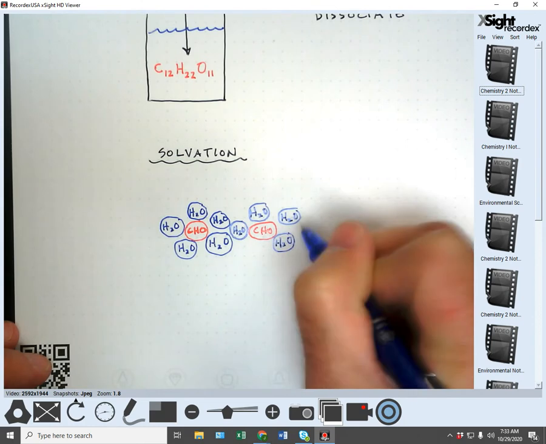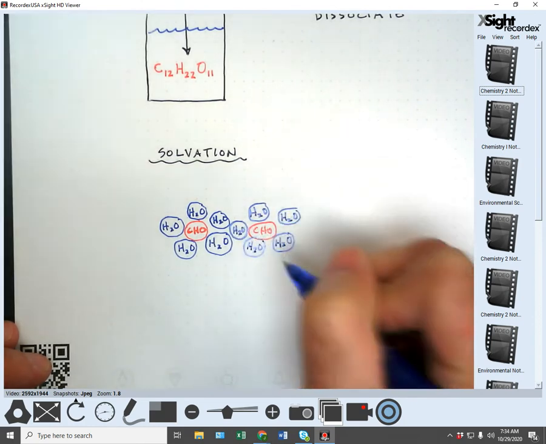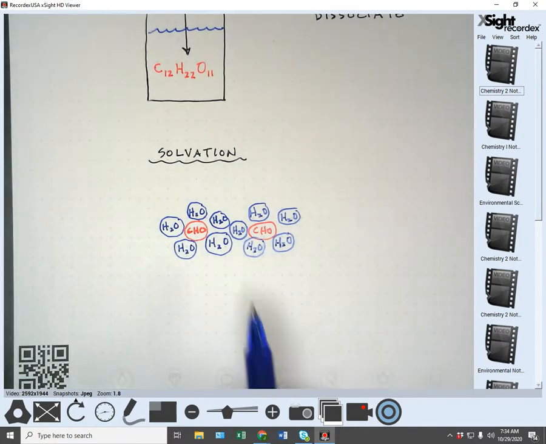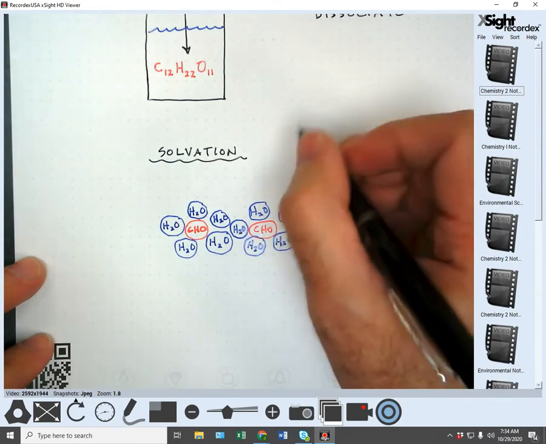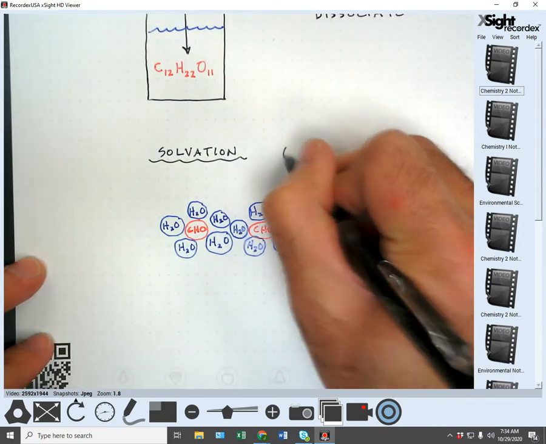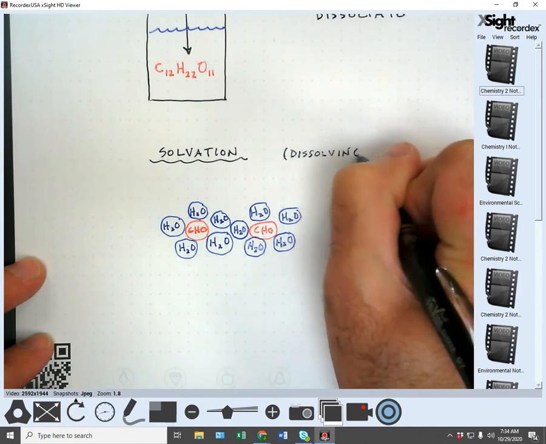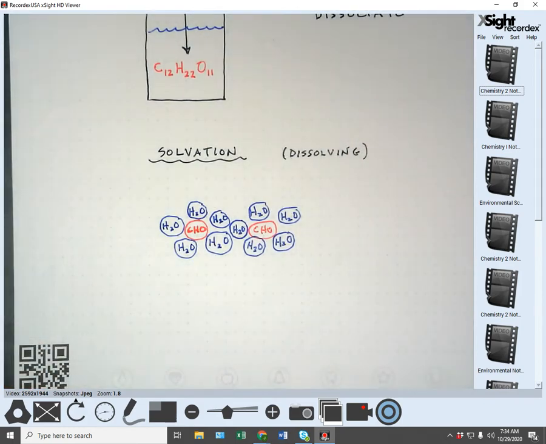They're still there as sugar molecules. They haven't chemically reacted. But the water gets in between them and essentially separates them far enough apart that you can't see the individual sugar molecules. And this is what happens in dissolving. Not dissociation, but just dissolving.